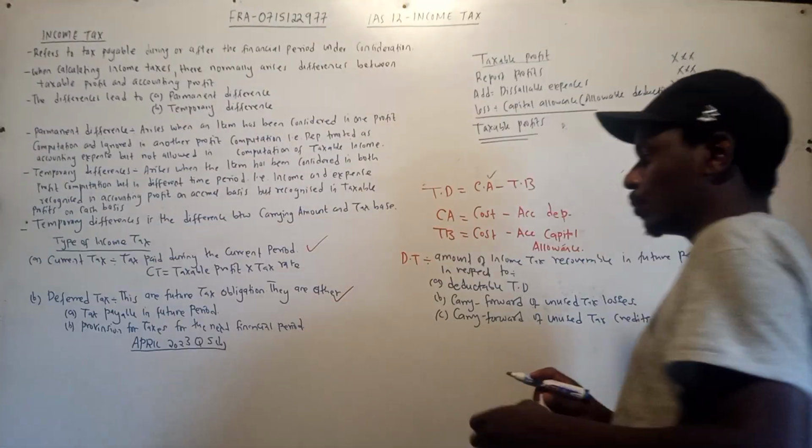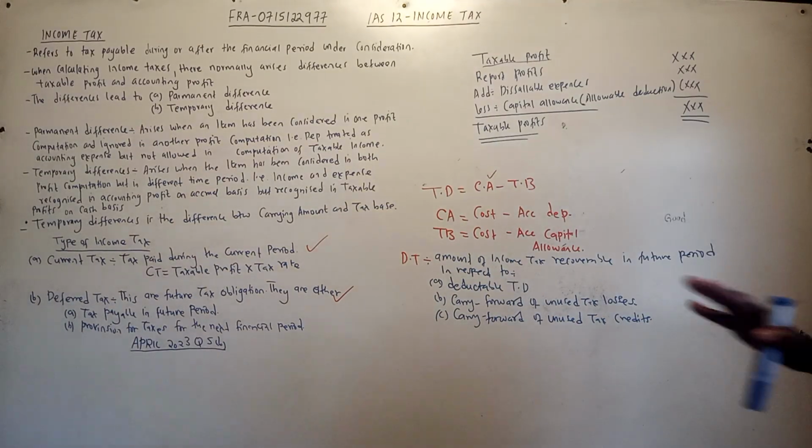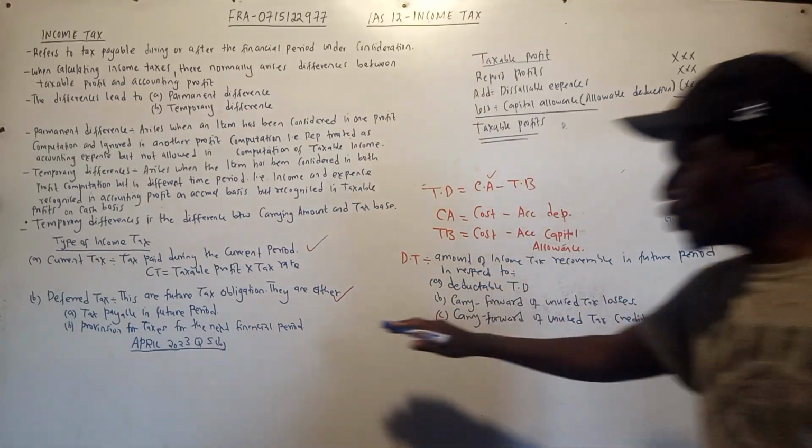So these are the future tax obligations. They can either be tax payable or they can be provisional for the taxes for the next period. Now for the deferred tax, we shall stop up to this point.